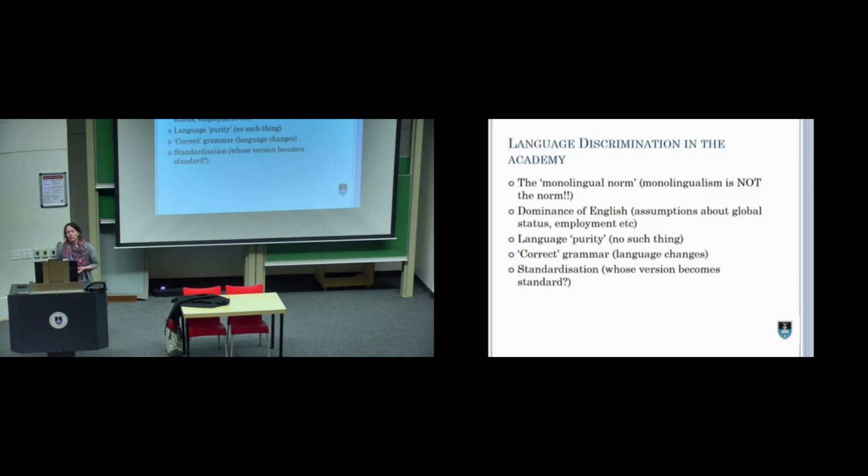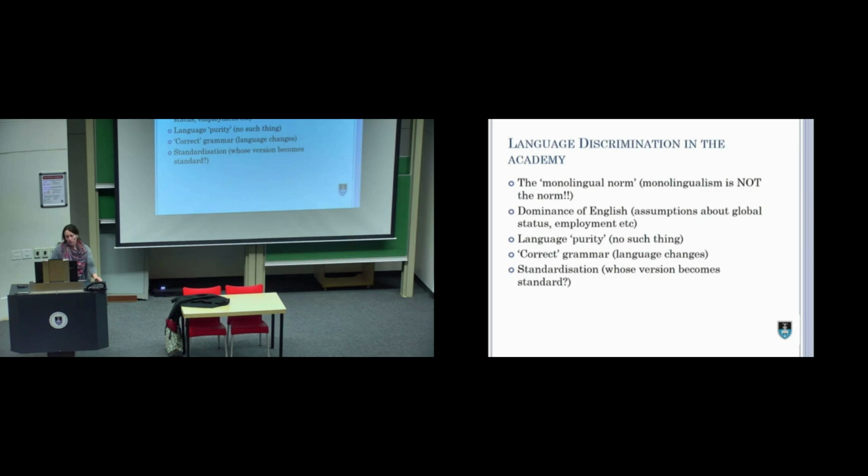Ideas about language purity come through, so this idea that there's a pure form of English, isiXhosa, Afrikaans, and there's no such thing as language purity. Languages have grown from impure origins. Languages are developmental. This idea of correct grammar as well, that there's one correct English.